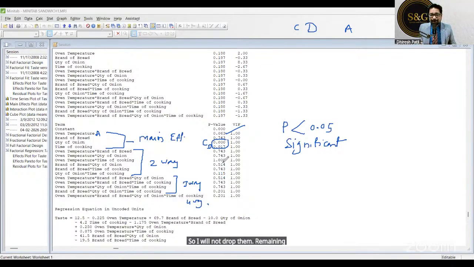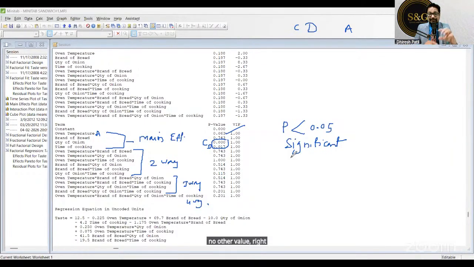Remaining, can you just check any other p-value less than 0.05? Type yes or no in the chat box. Just go step by step, one by one, and let me know any other p-value less than 0.05. Just type yes or no in the chat box if you found any. No other values, right?